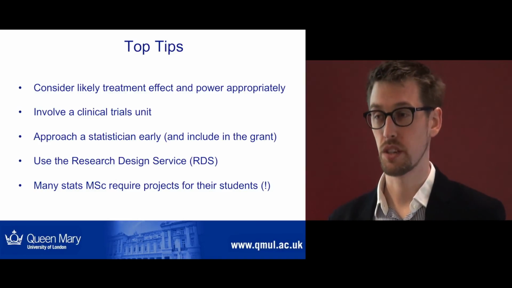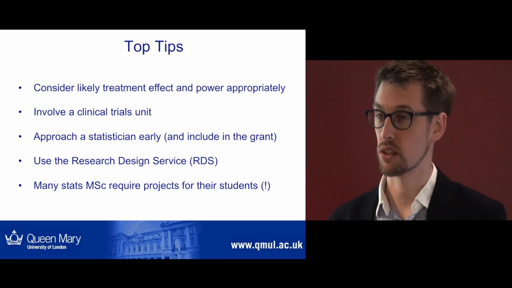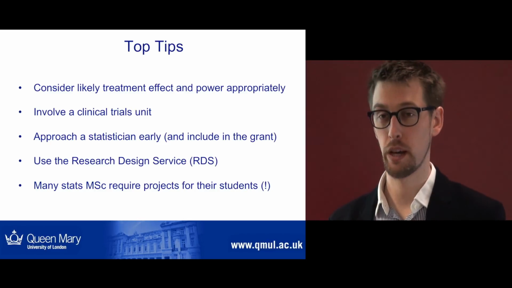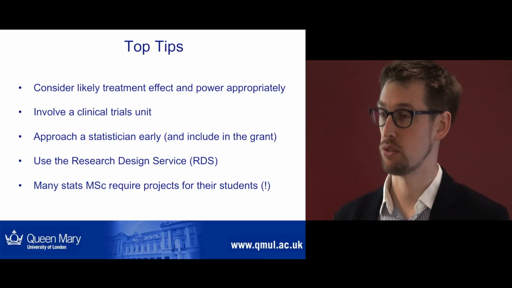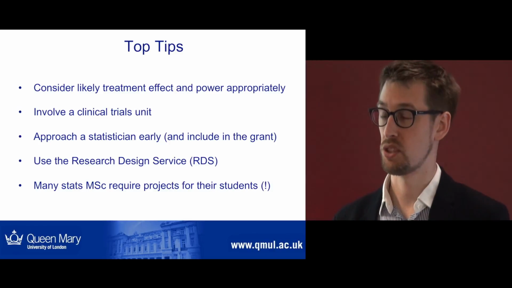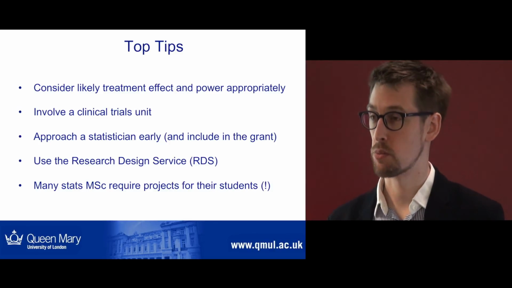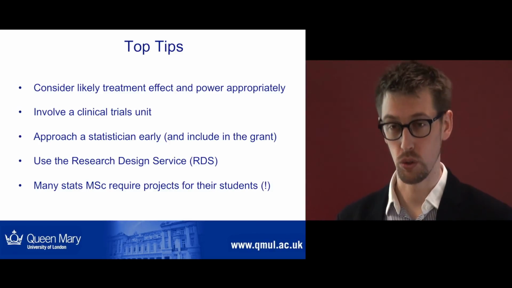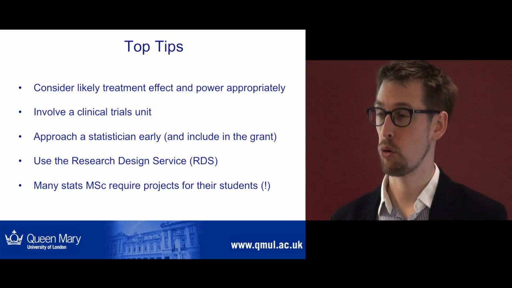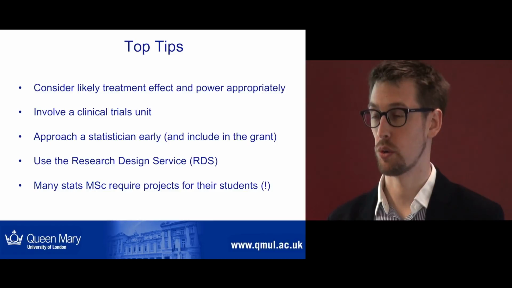And there are a series of accredited clinical trials units in this country. There's about 30 of them, and they have infrastructure and resources to be able to run every aspect of your clinical trial, from trial management, statistics, database management, governance, records, all of these types of things. They will all be in one place, and that's why a clinical trials unit is really good.